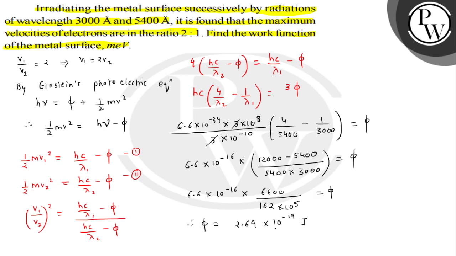So this value we got in joules, but we are interested in finding it in milli electron volt. So first we have to convert it into electron volt.